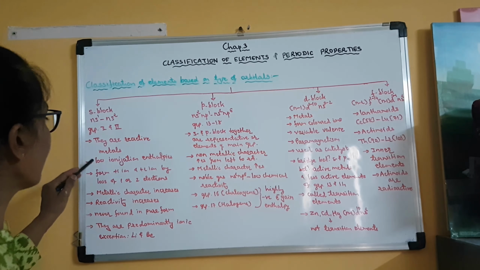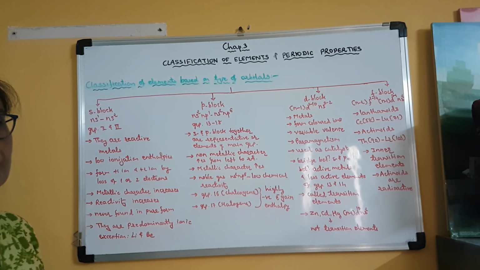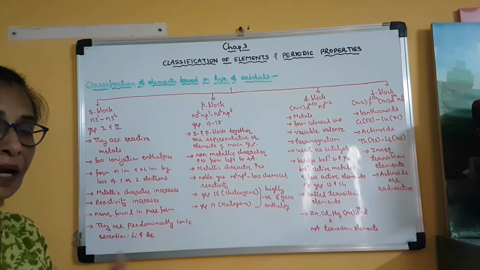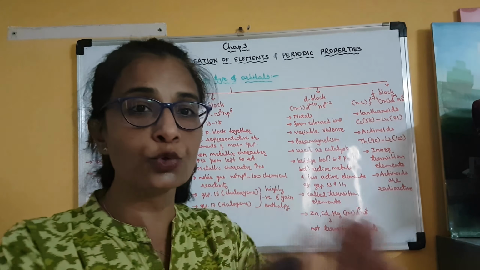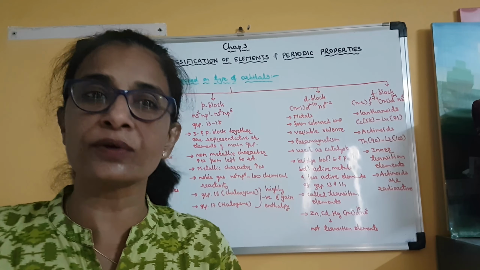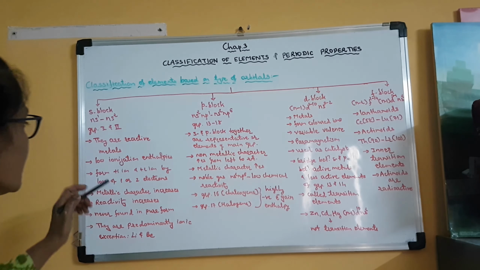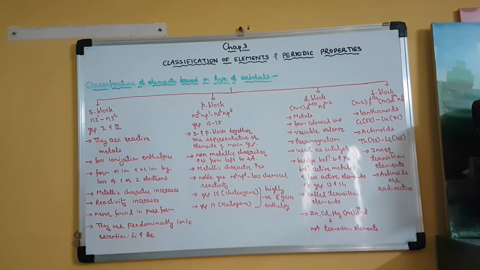Clear? We know that metals have a greater tendency to lose electrons. An atom can lose an electron easily only when it has a low ionization enthalpy. So they have low ionization enthalpy.